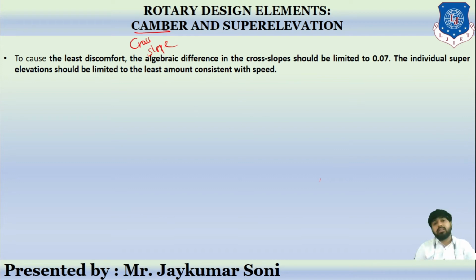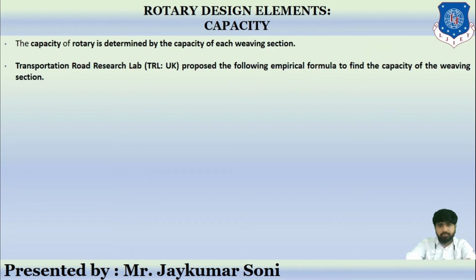Now, to cause the least discomfort, the algebraic difference in the cross slope should be limited to 0.07. The cross slope should be not more than 0.07. The individual super elevation should be limited to the least amount consistent with speed. That you have to calculate. There are various equations based on V and E. You have to put those equations and calculate.